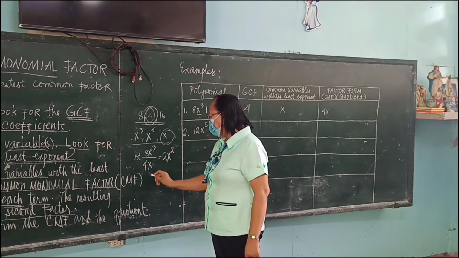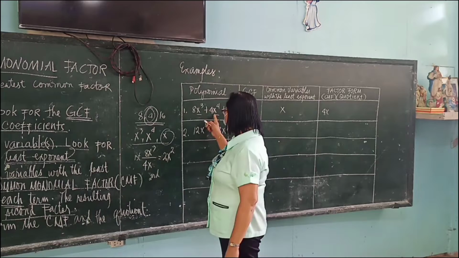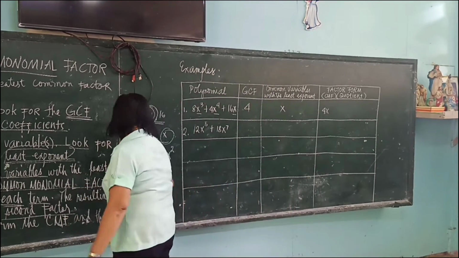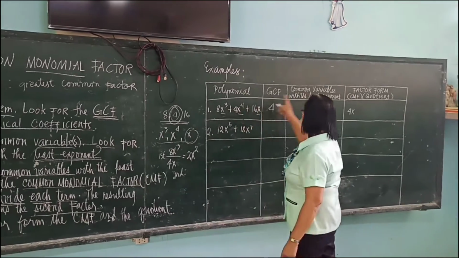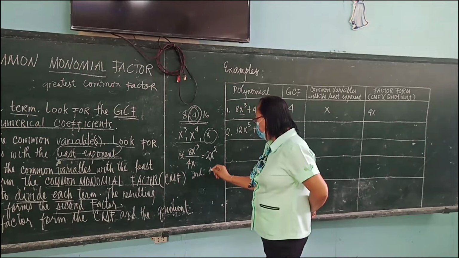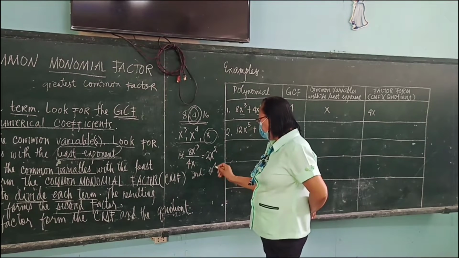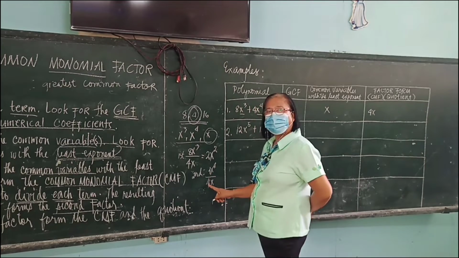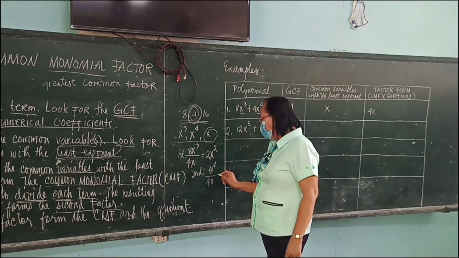For the second term, we have 4x to the power of 4. The same procedure: you divide the second term by the common factor. So 4x to the power of 4 divided by 4x. 4 divided by 4 is equal to 1.